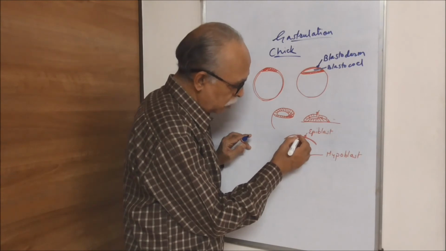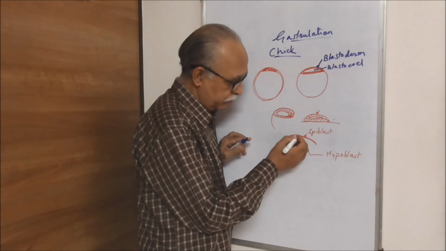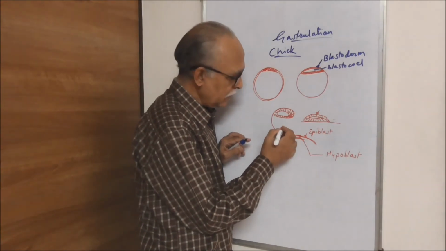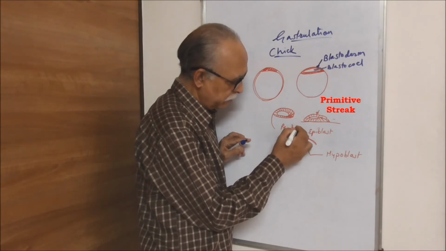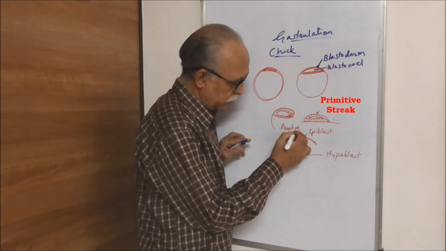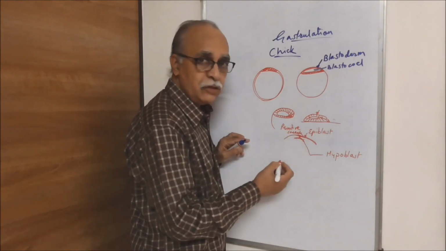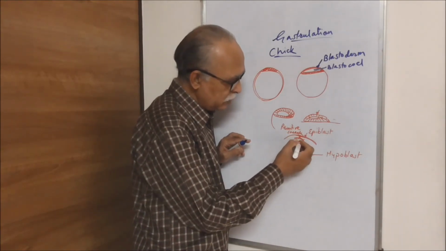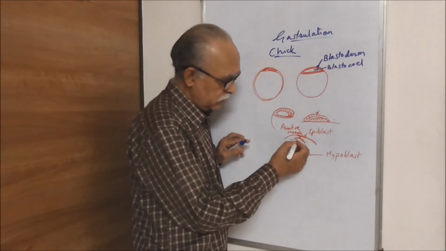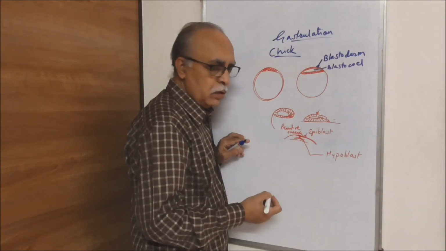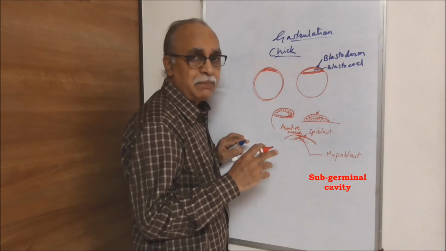And there's a small kind of elevation here. That is actually a primitive streak. So embryo development would happen only in this region. And below this there is a small cavity, which is nothing but a subdermal space, subdermal cavity.